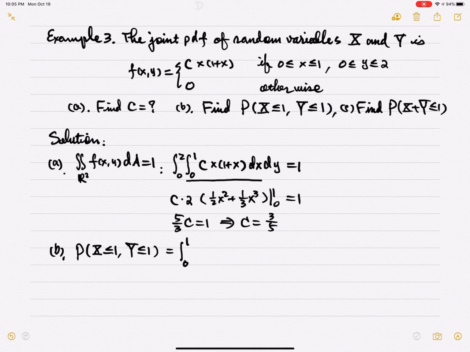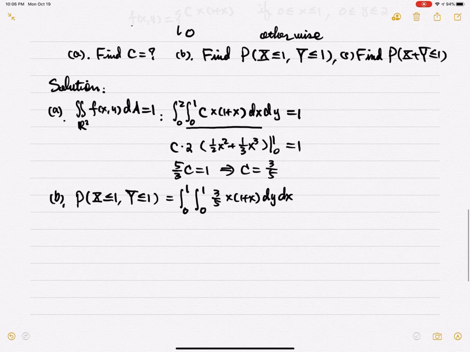You can do X first. And then Y is from negative infinity to 1. Again, from negative infinity to 0 it is 0. So it's 0 to 1. And then C is 3/5, we can just use the C. And then here's the X, 1 plus X, dy dx, or dx dy, both from 0 to 1.